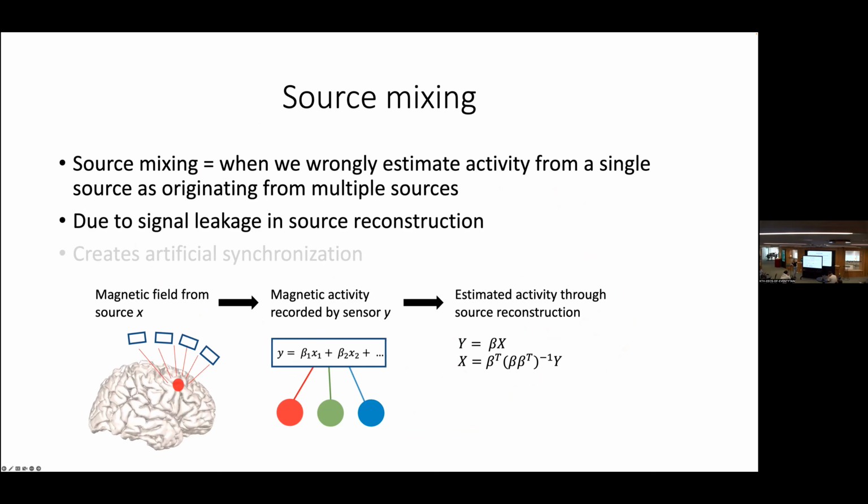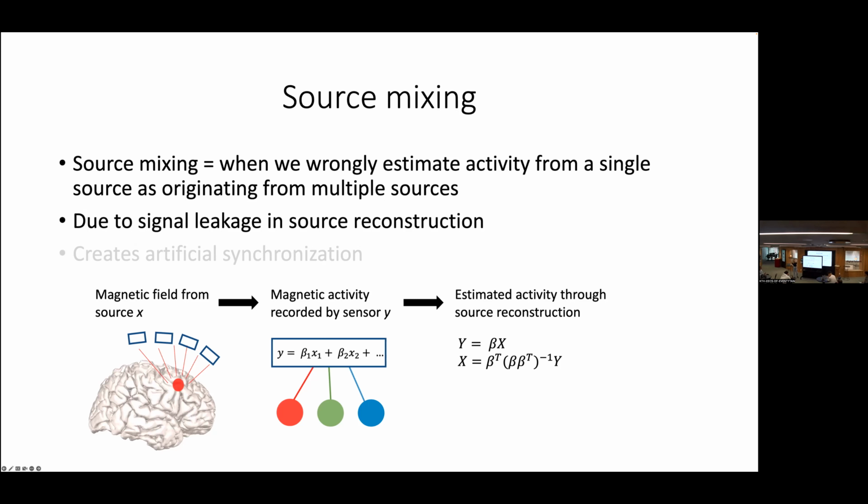Each sensor will be a linear combination of a lot of different sources. And these beta values we can estimate because they depend on the distance from the sensor to the source and also the direction of the magnetic field at the source. And then we can reconstruct the source activity from this.